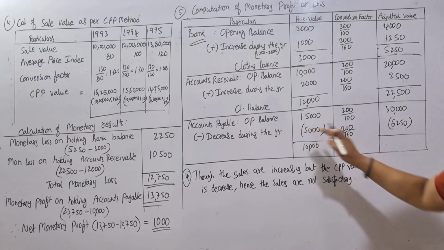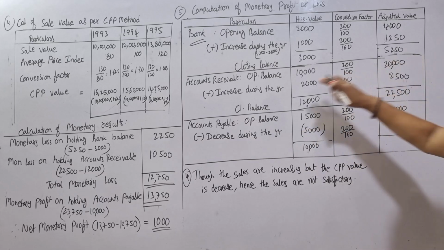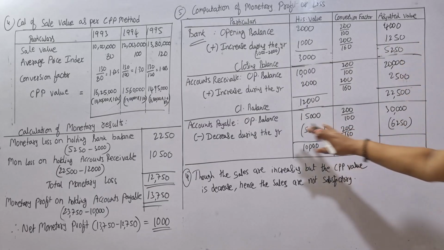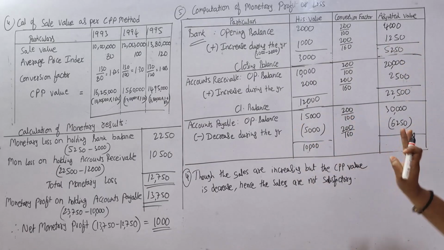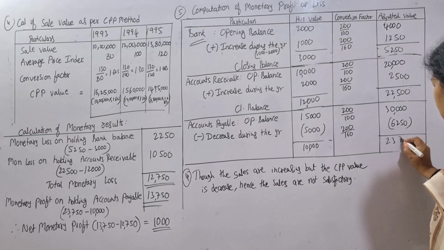This is a decrease, so I kept it in brackets. Decrease means we have to minus it. Here it was increasing, so we have added. Only accounts payable is a decrease. If you deduct it, you'll get 23,750.